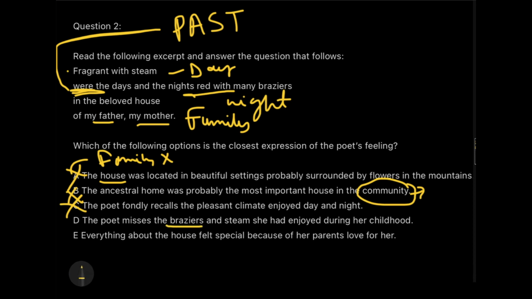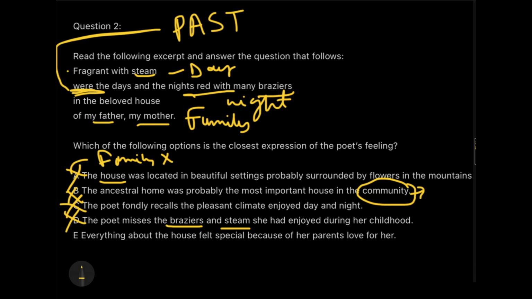Braziers and steam are exactly present in this option. So that is an indication that option D will never be your answer, because we are directly using the keywords here. Easy, right? Option E.